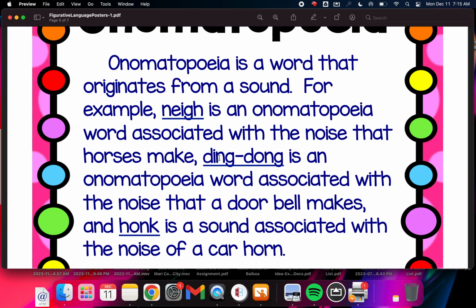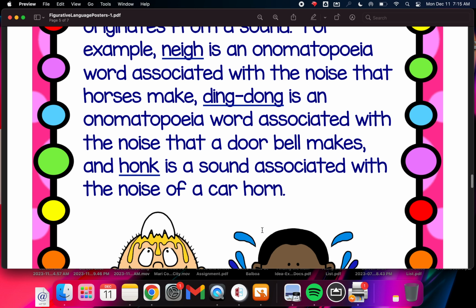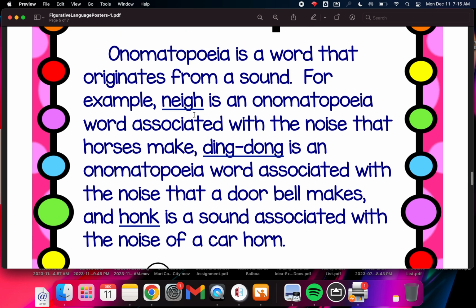Another one might be ding dong, which is associated with a doorbell. If you say the word, not only does it describe the sound, it also sounds like the sound. Honk is another one. It's associated with a car horn, but if you say honk, it almost sounds like the honking of a horn, right? So you could use any of those words for your example.